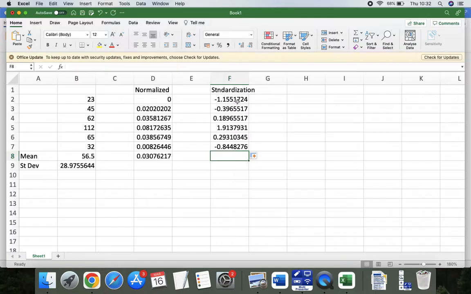What is the mean here? 0. What was the mean here? 56.5. So that's a huge transformation actually. So you can see the impact of data transformations on all of these. Standardization is a very good technique when you don't want to scale down the values.